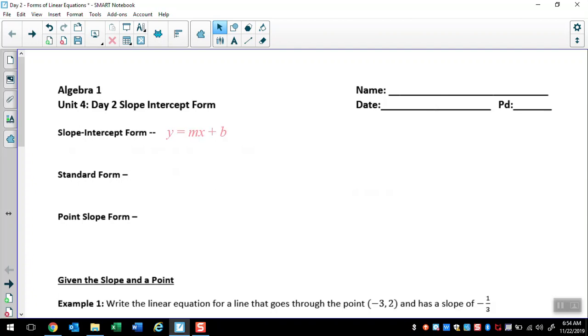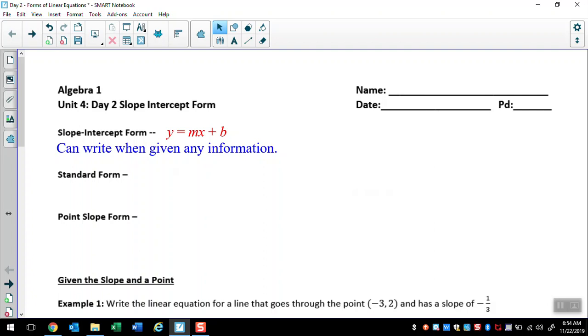All right, so slope-intercept form is the one that we're the most familiar with, y equals mx plus b. This is the form that we see the most often for graphing and for other function uses. When we write equations, we can write an equation in slope-intercept form no matter what information we're given. If I'm given my slope and my y-intercept, I can just plug them in.